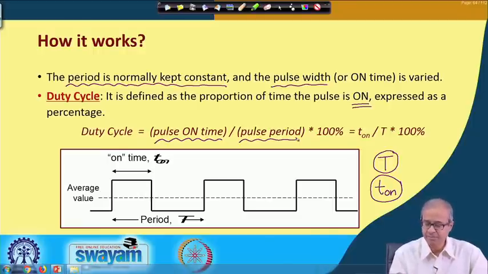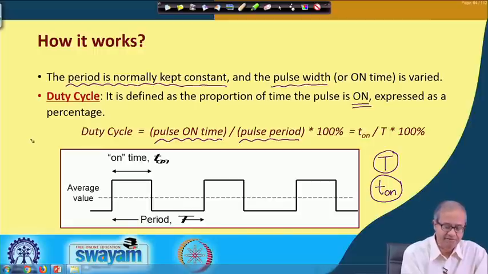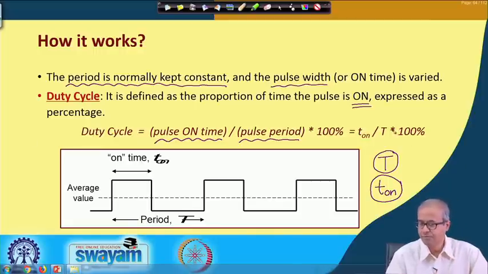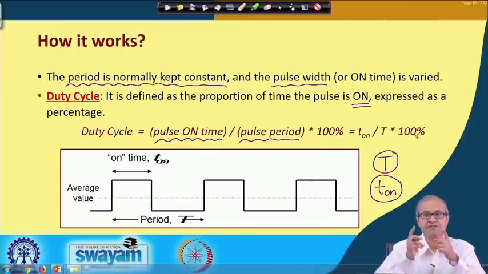Now, in this diagram, the pulse on time is T on divided by capital T, the time period, multiplied by 100, that will give you the duty cycle. Because T is the maximum value of T on, the value of duty cycle will be a fraction, or if you multiply it by 100, it will be a percentage varying from 1 to 100, right.